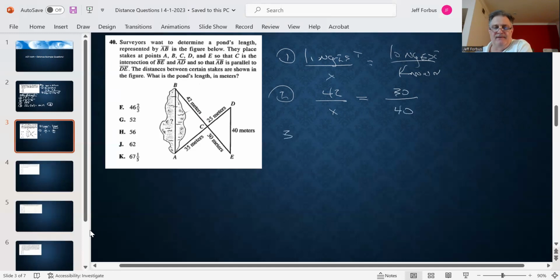Now we have a proportion: cross multiply and divide. 40 times 42 is equal to 30 times X. 40 times 42 becomes 1,680. Now solve for X by dividing by 30.